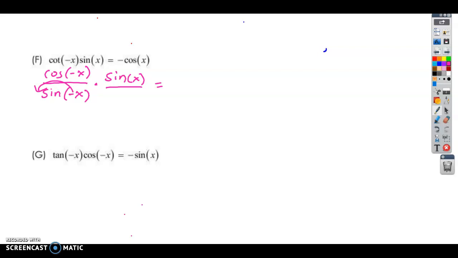So let me rewrite that. We can also do at the same time cosine is even, so we can rewrite cosine. The negative just goes away. So negative sine of x, and this is times sine of x. Now we can cancel the signs, but we still have that negative in front.